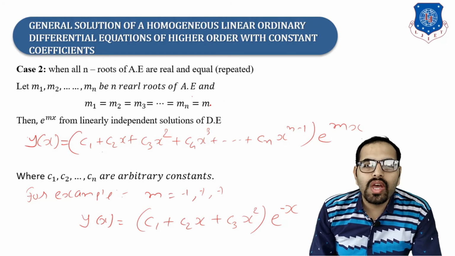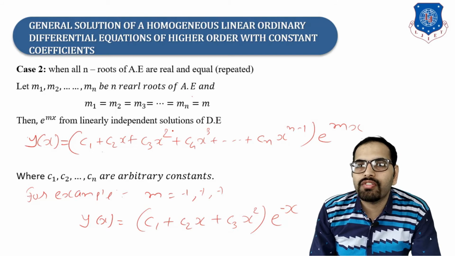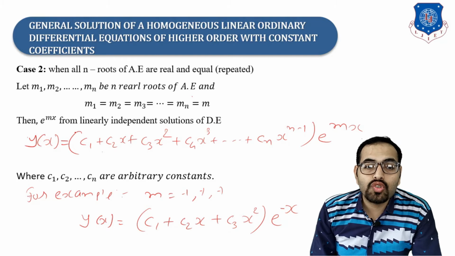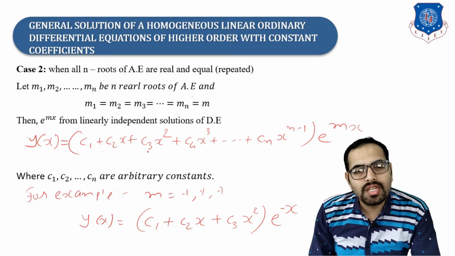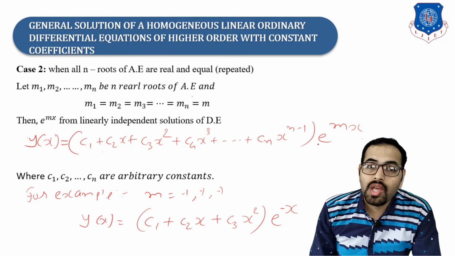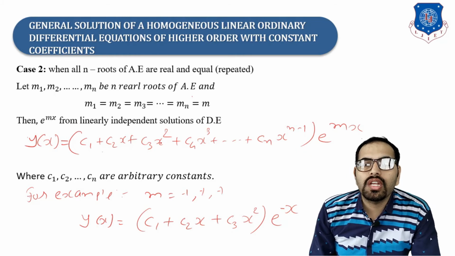Then e raised to mx forms a linearly independent solution of the given differential equation. Then the general solution of case 2 is y of x equal to c1 plus c2x plus c3x square plus c4x cube and so on plus cn x raised to n minus 1, all times e raised to mx, where c1, c2, c3, c4 and so on are arbitrary constants.